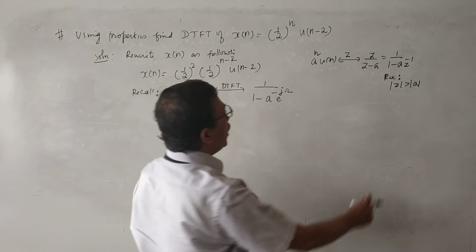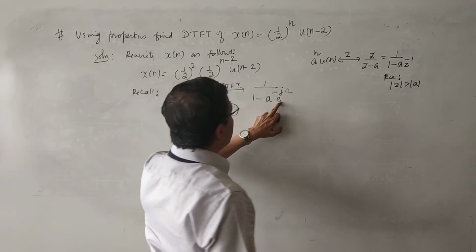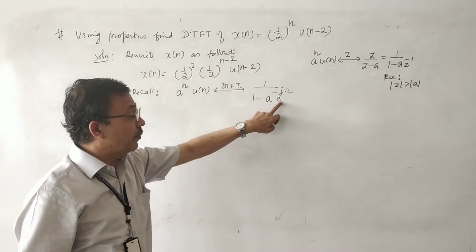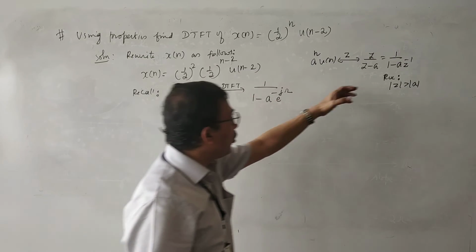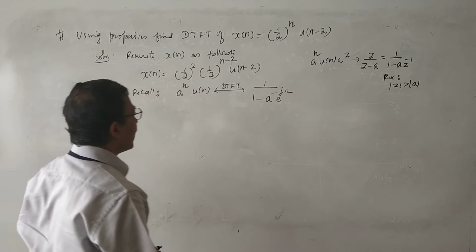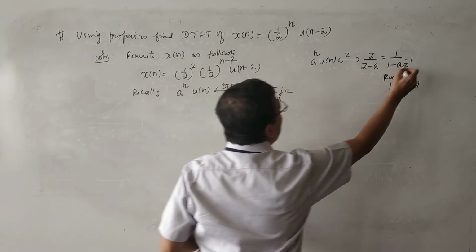In this expression, if you put z equals e power j omega, you get this expression. However, that substitution is possible only when the ROC contains the unit circle. This is only for your inference.